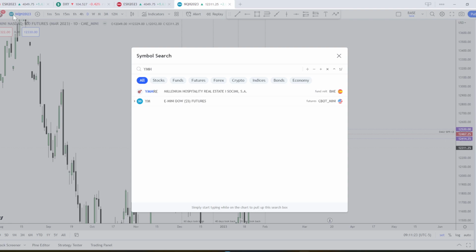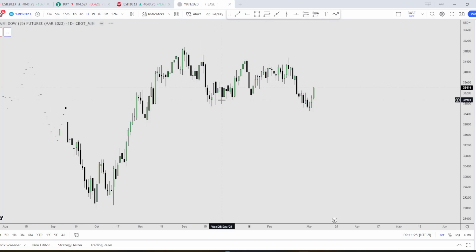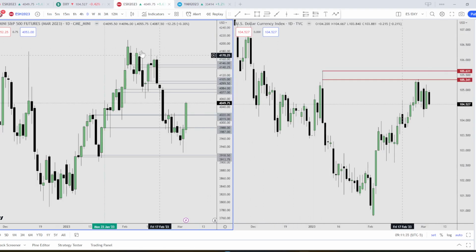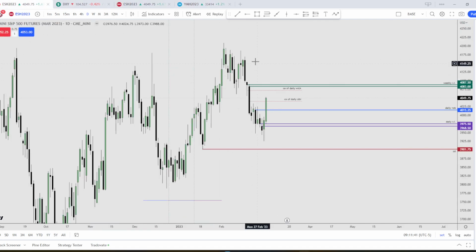Let's take a look at Dow Jones. I want to see if an SMT forms, right? If Dow Jones is able to take out these highs here, whereas ES and NQ fail to take out this high, then I think we would have a stronger case for more bearish prices heading into March and of course the summer months, right?